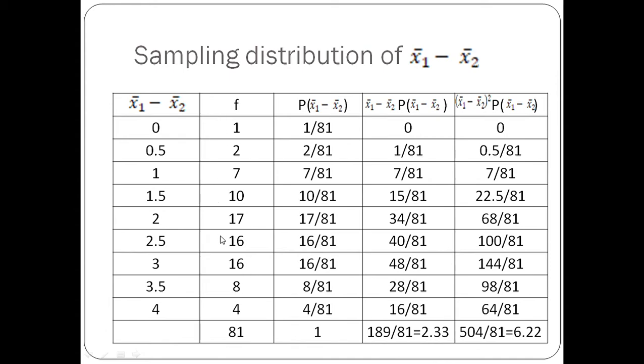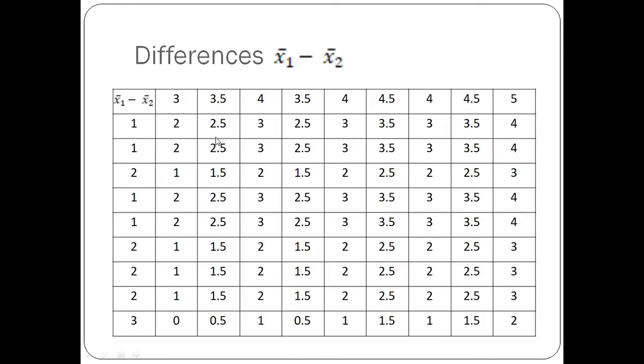I have told you before what frequency is: frequency is the number of repetitions. These are all the differences, whereas the first row and first column are the original mean values. So we will exclude these and just use the inner values, which are the differences.